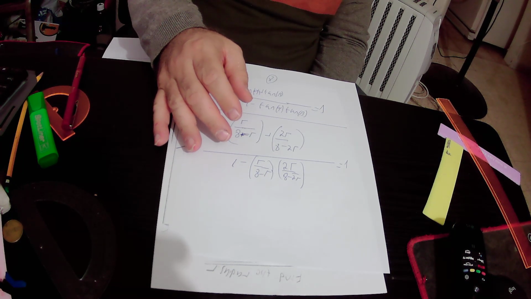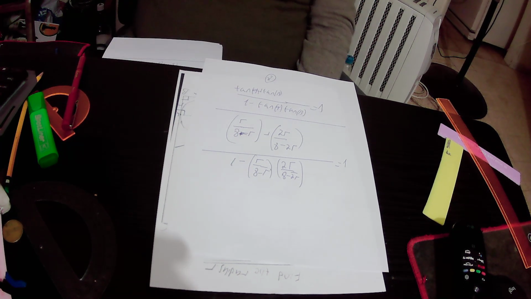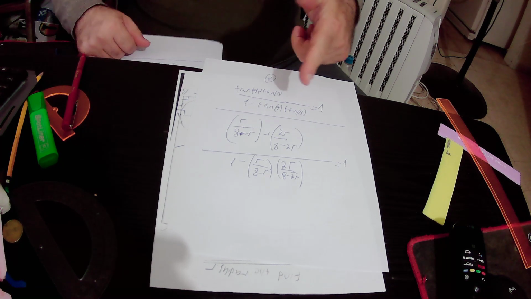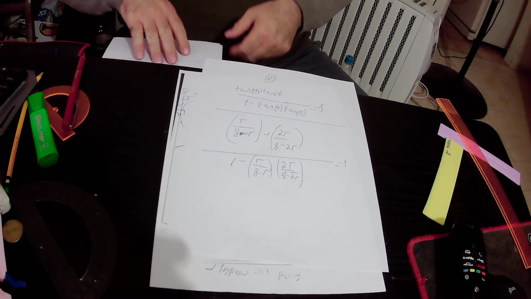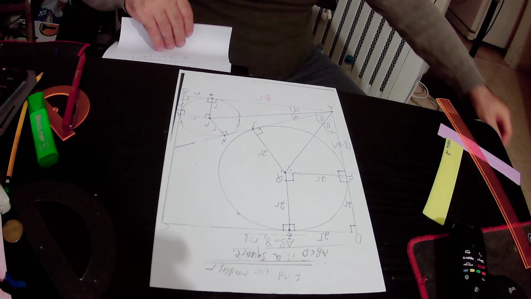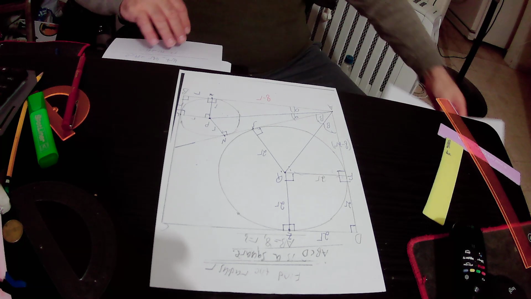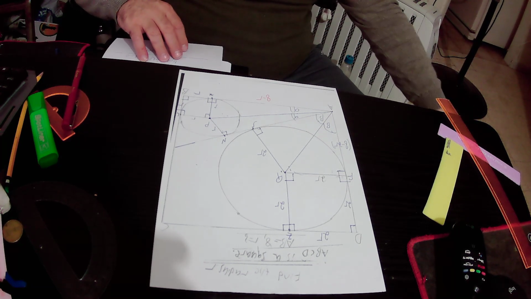We solve this equation and get two roots for R, two possible answers for R.